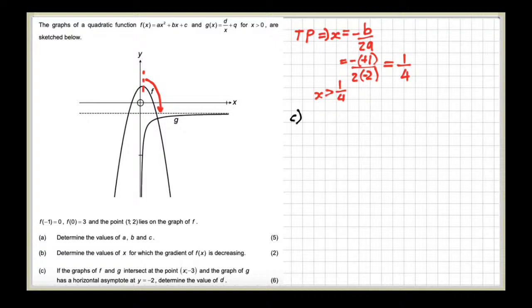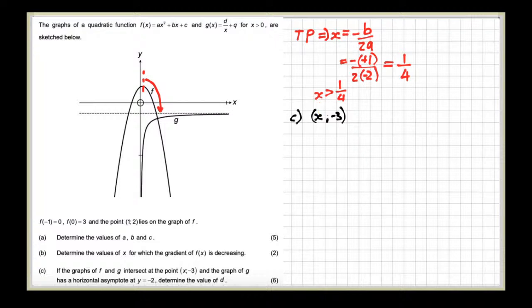So let's jump into question c. Now question c asks if the graph of f(x) and g(x) intersect at the point (x, -3). That means I don't know what x is.